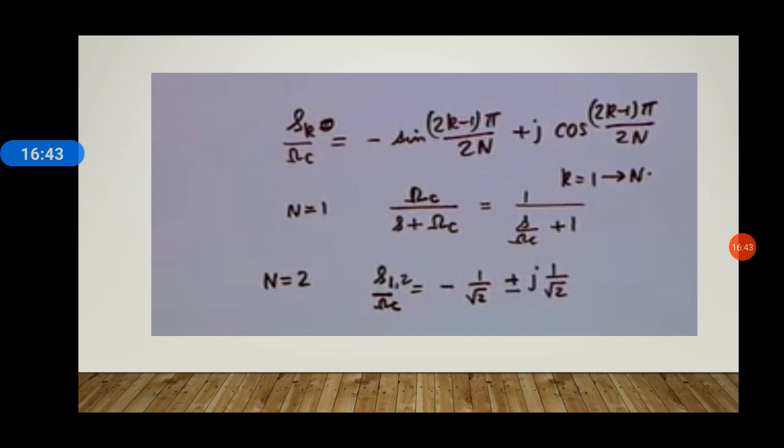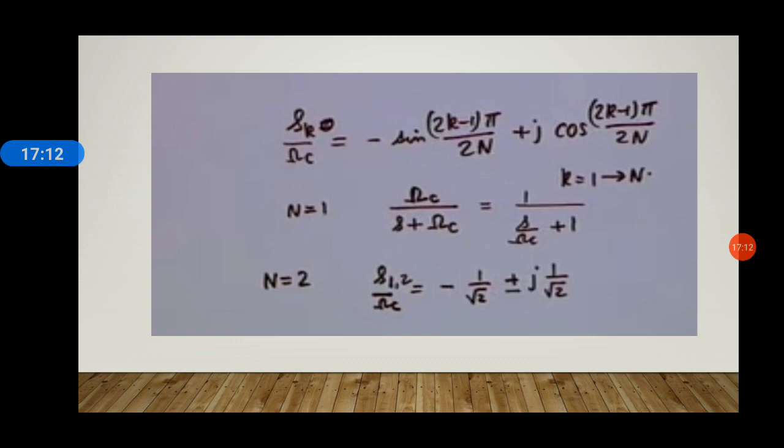So if n is equal to 2, we have pi by 4: minus sine pi by 4 plus j cos pi by 4. Now this becomes a complex pole, that is s by omega c is minus 1 by root 2 plus j 1 by root 2.